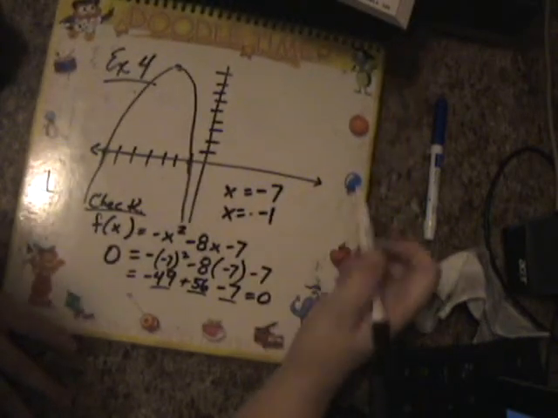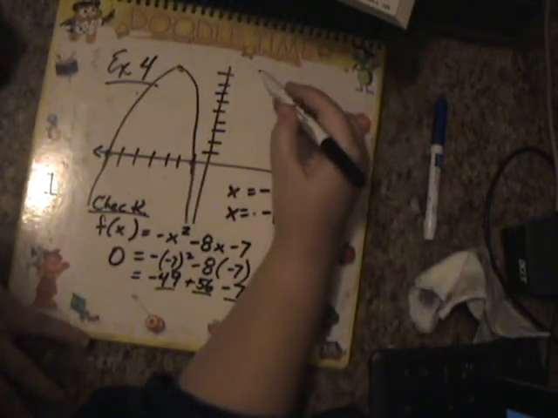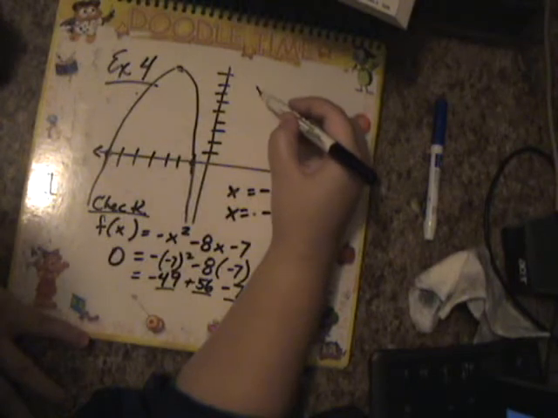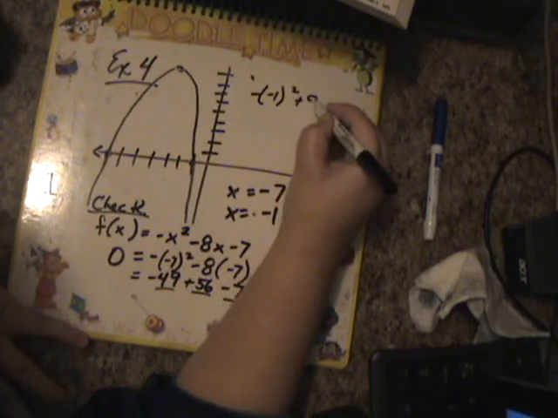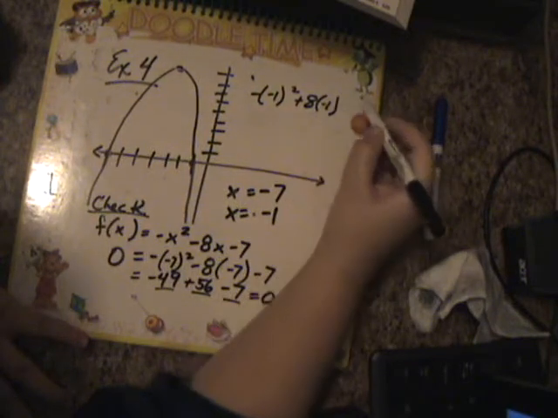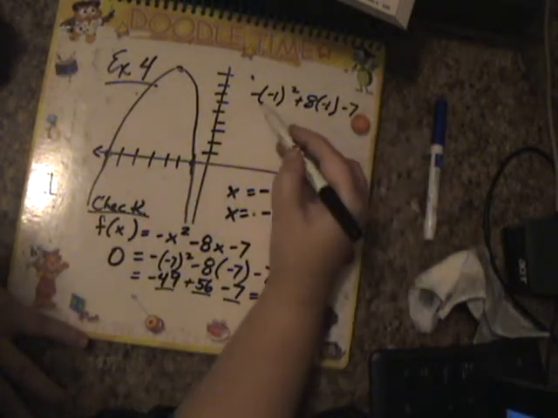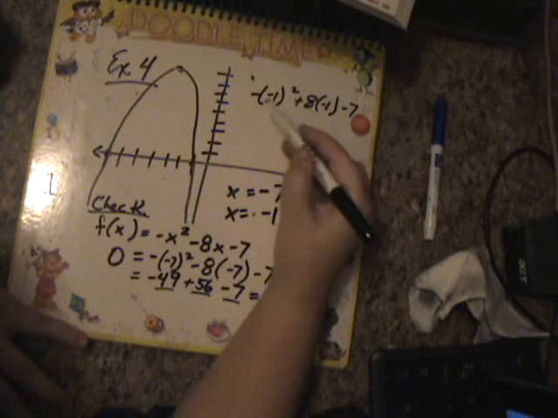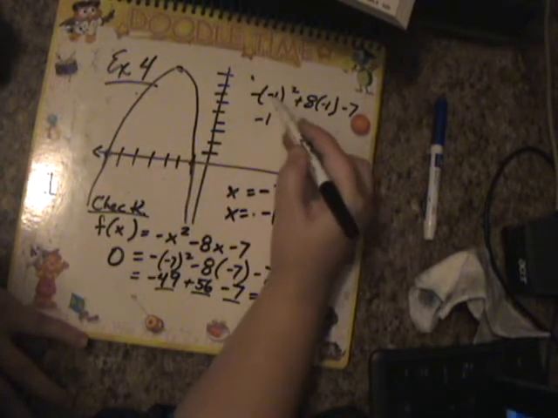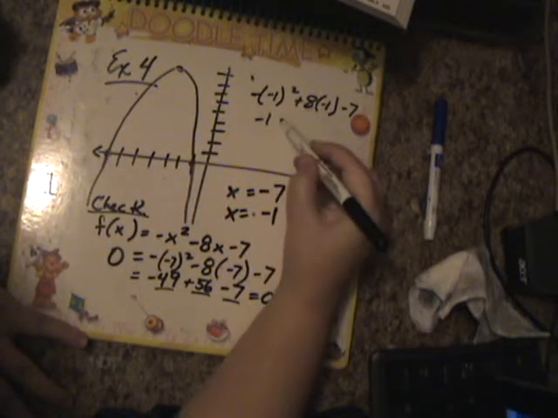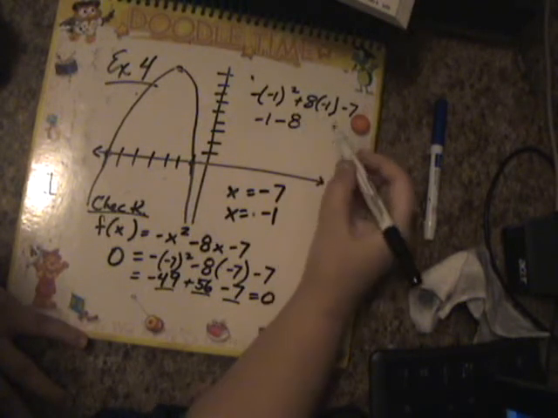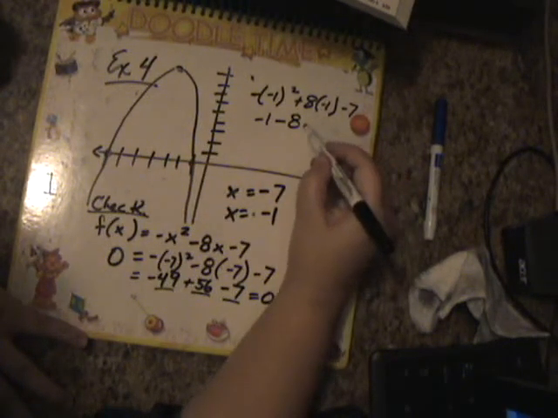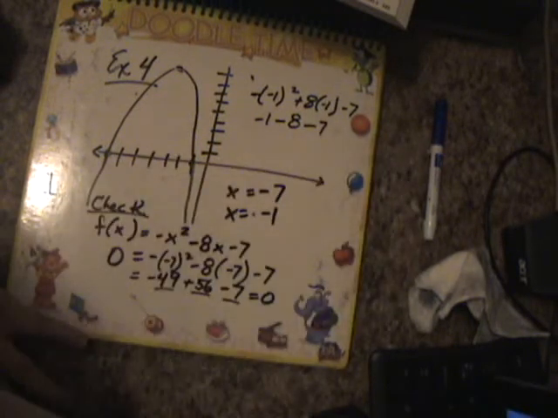And then for the second one, x equals negative 1. I can go ahead and do negative 1 squared plus 8 times negative 1 minus 7. So negative 1 squared is 1. So that becomes still negative 1 because it was a negative outside. 8 times a negative 1 is negative 8. And then minus 7.